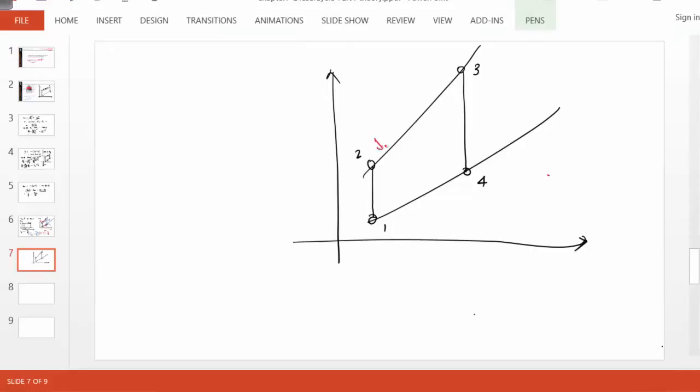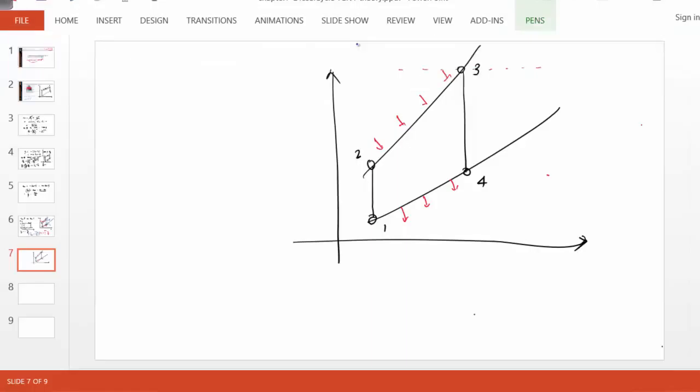With red color, let's represent the heat addition and heat rejection. So the Tmax is not being changed anymore.